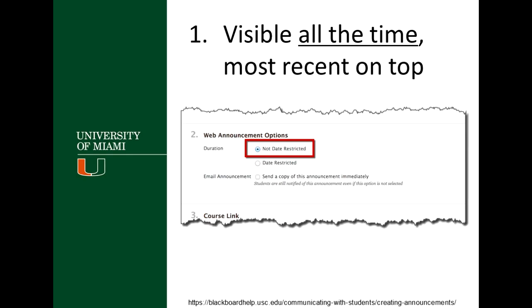To make it visible all the time, with the most recent one on top, you set the duration to not date restricted. That's going to go on immediately. It won't turn off until you remove it or the semester is over. The newest one comes on top, the old ones just get pushed down and they don't matter.